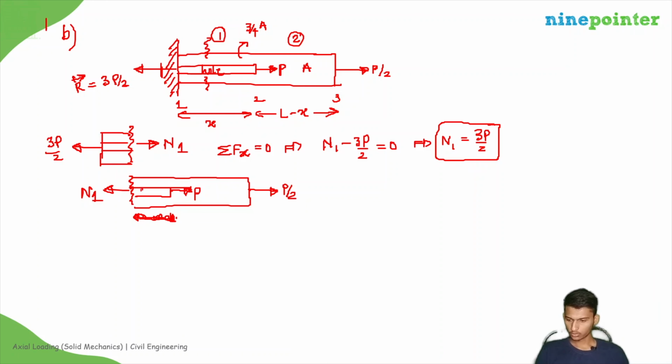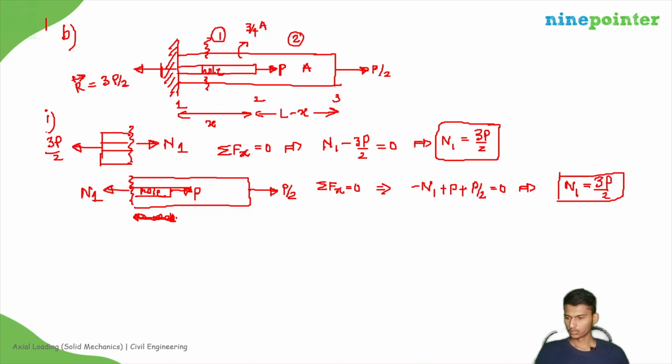You can apply here also sigma Fx equal to 0. That will give you minus N1 plus P by 2 equal to 0. Again N1 is equal to 3P by 2.